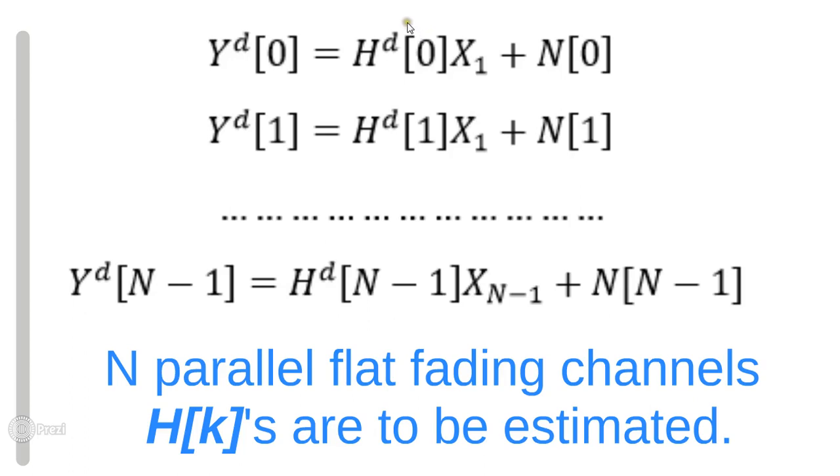And these H_0, H_1 all the way to H_{N-1} are what we are going to estimate in our project. For simplicity, we're going to implement something called zero forcing estimation by simply ignoring the noise and making use of preambles and pilot tones, which are going to be introduced in detail later on.